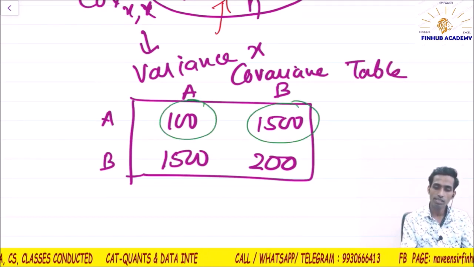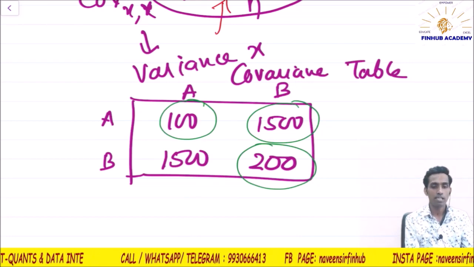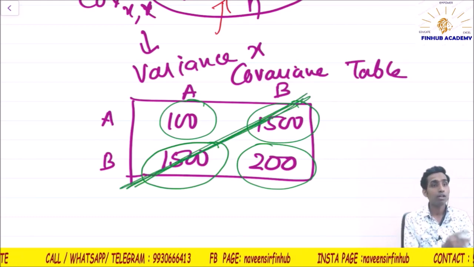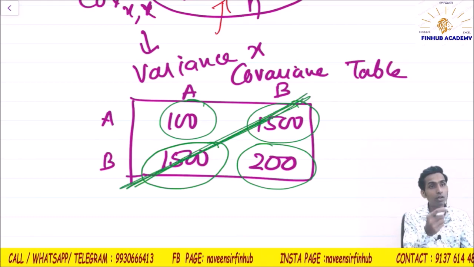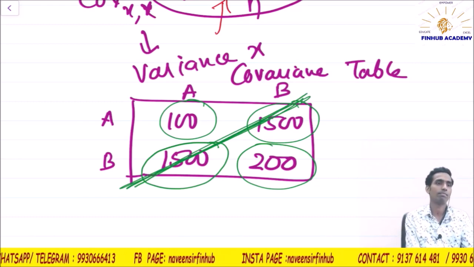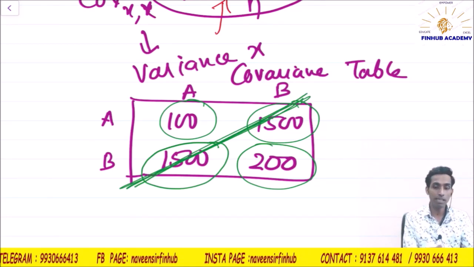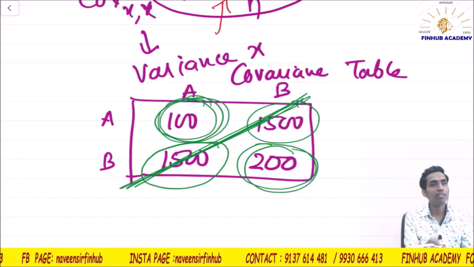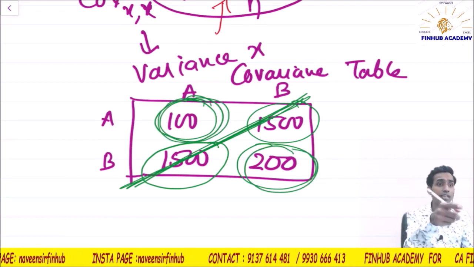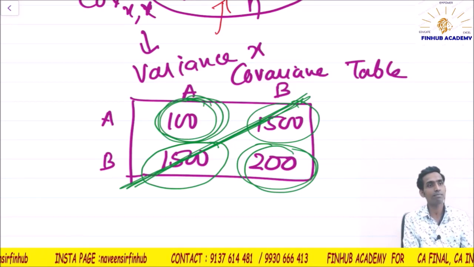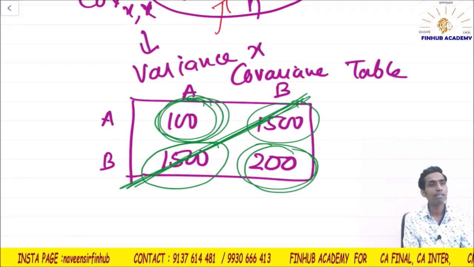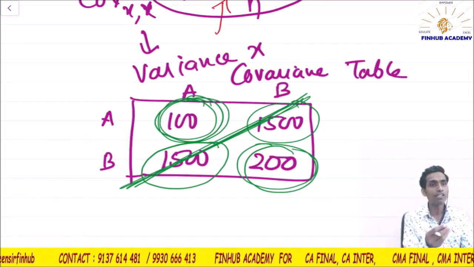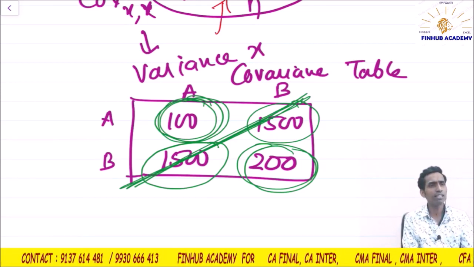This and this are the same, because it is covariance between A and B and covariance between B and A, one and the same. But this is different, and this is covariance of A with A. Students didn't understand this in the exam. It is matrix form. Covariance of A with A is nothing but variance of A.